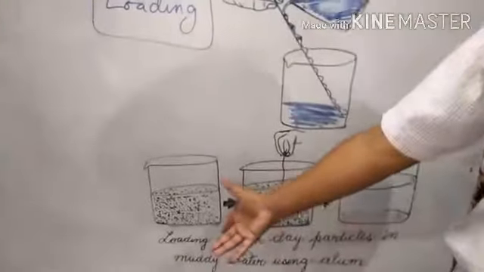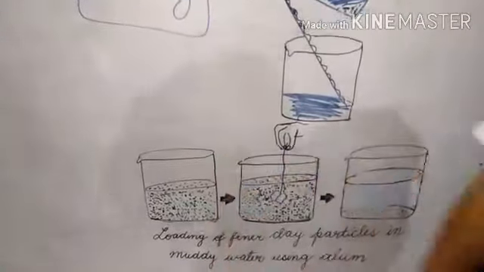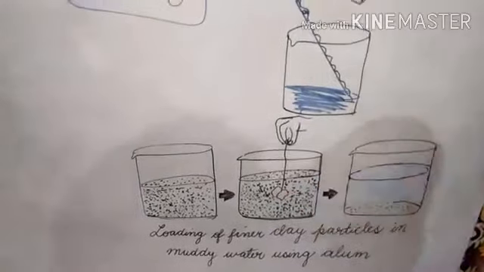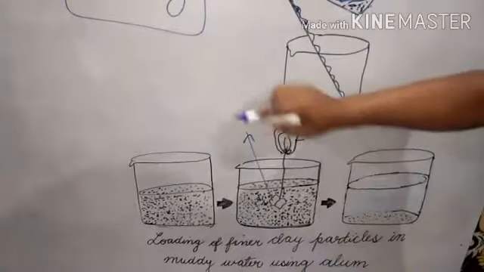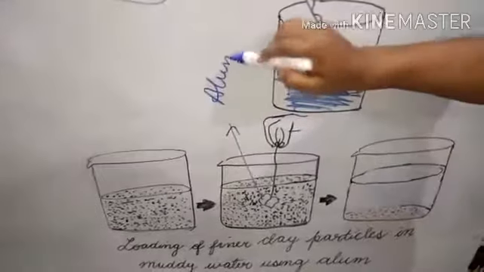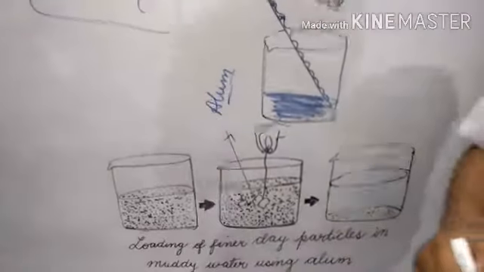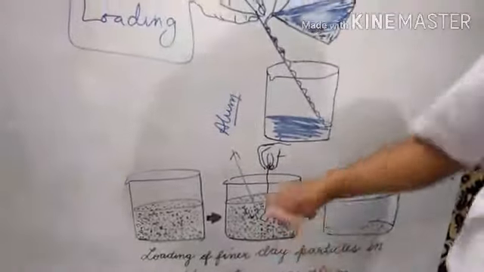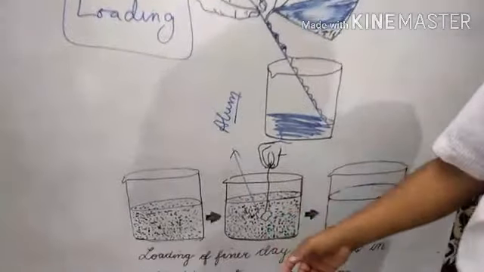Here I have drawn a muddy particle, and now there is an external substance, alum. Alum is allowed to mix in it. Now what will alum do? It will dissolve. It is soluble in water or in the liquid.